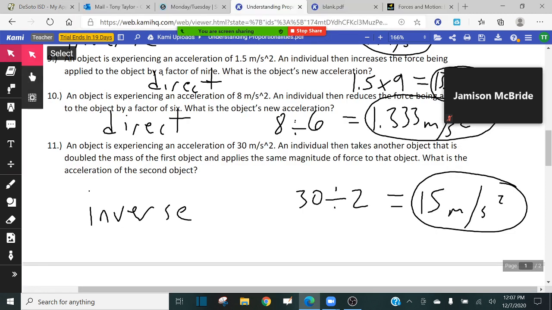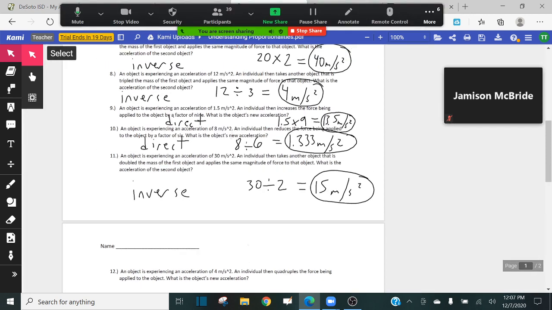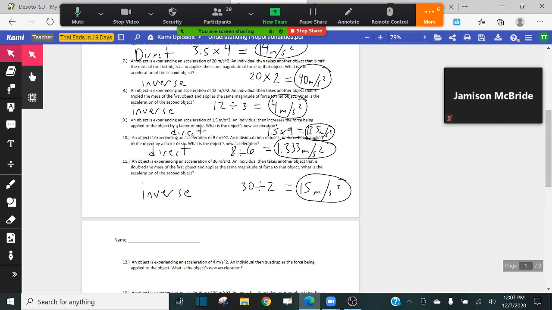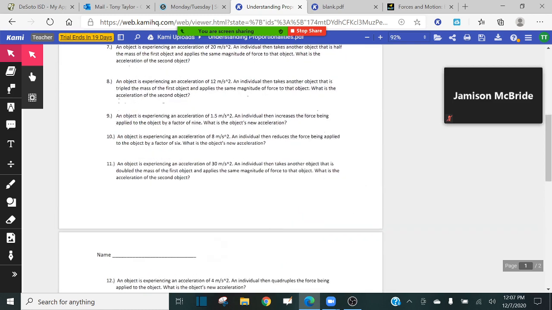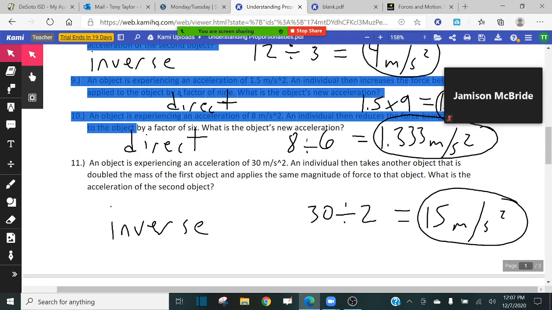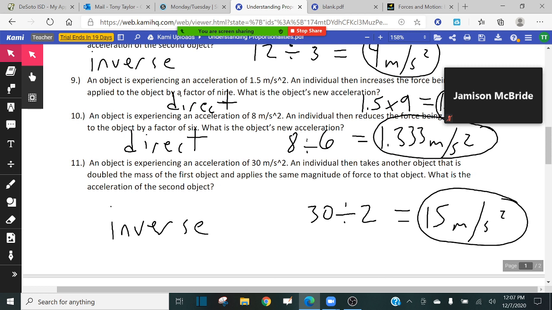Hey guys, you're just going to do the back by yourselves, and then once you're done, take a picture of both sides, and then you can turn it in. Braxton, you asked, how do I know if it's direct or inverse? Well, you read the question. On number 11, we were dealing with mass, so the relationship between mass and acceleration is an inverse proportionality.